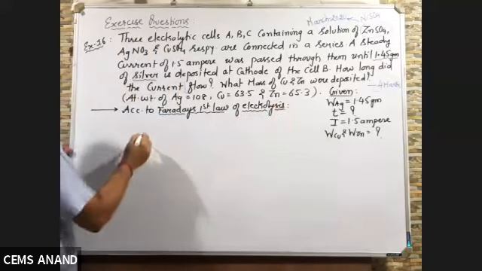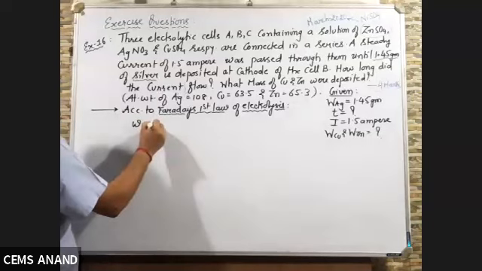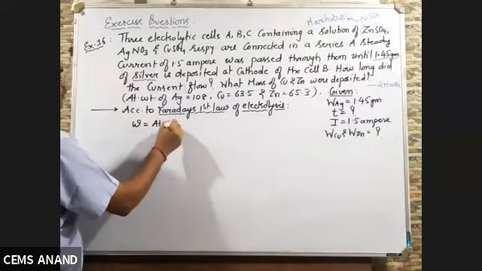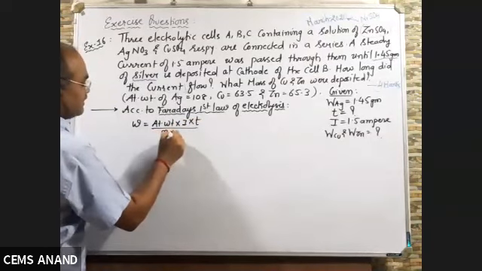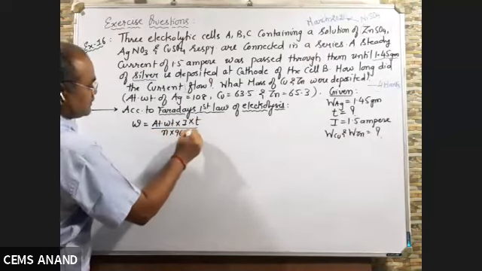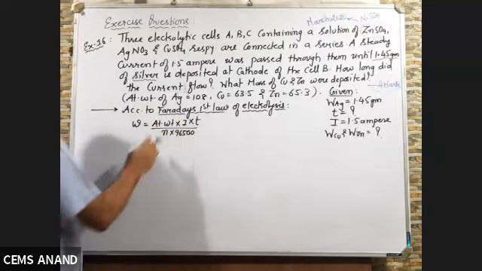We know what Faraday's first law is. Weight is equal to atomic weight into I into T divided by N into 96500, right? This was our formula. Already I have derived this during the theory section.